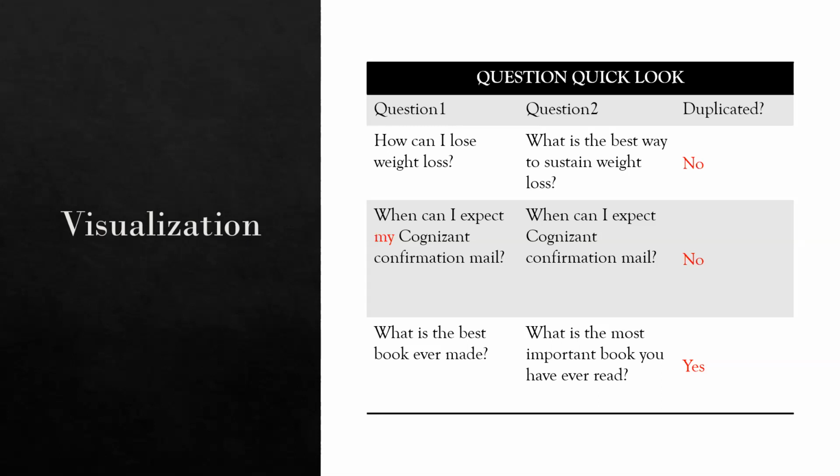And what's more, some questions look very different, but actually are duplicated. Like in the third row, question 1 is what is the best book ever made, and question 2 is what is the most important book you have ever read. So it's a pretty tricky task for both me and the machine learning.